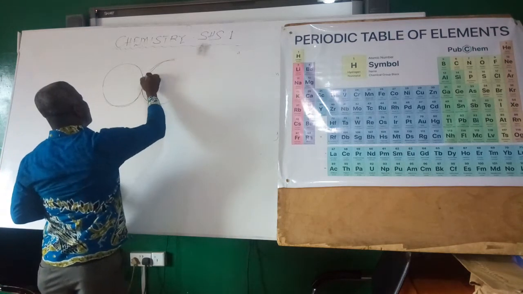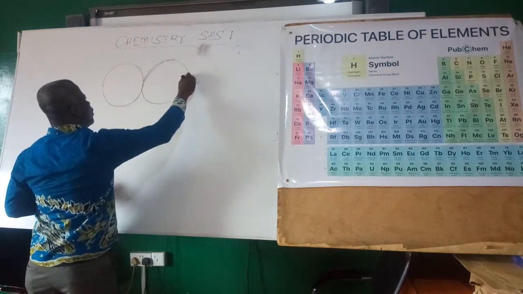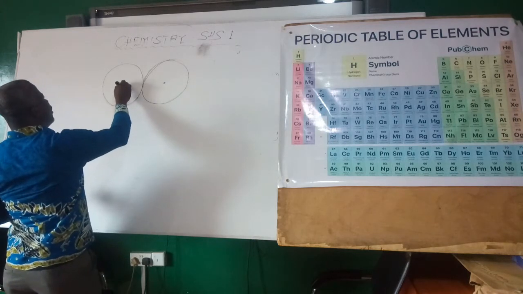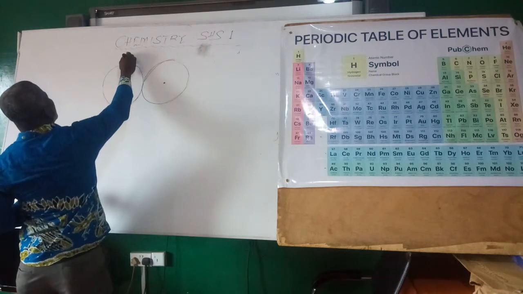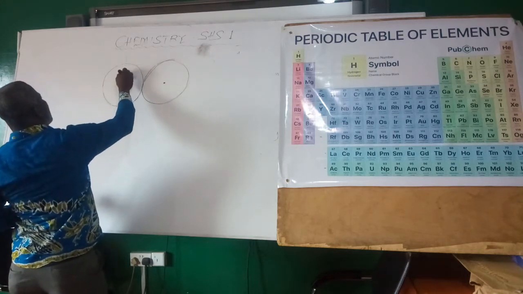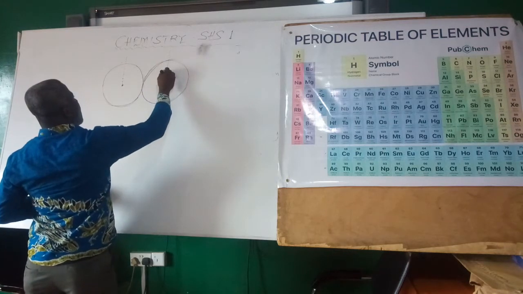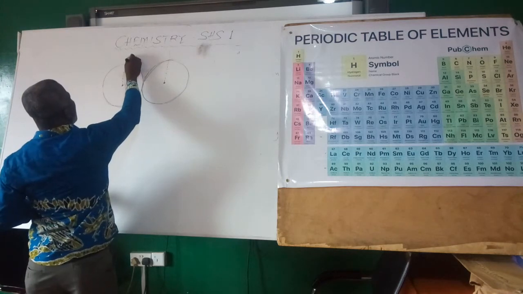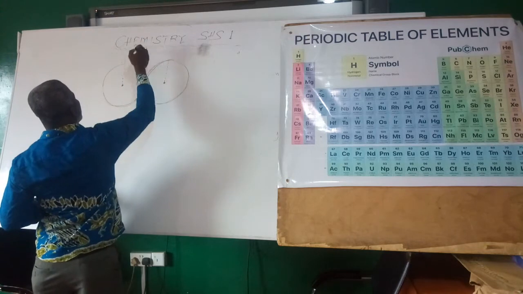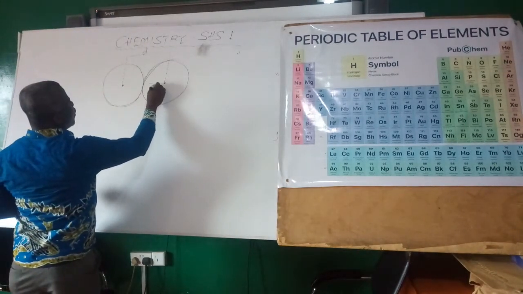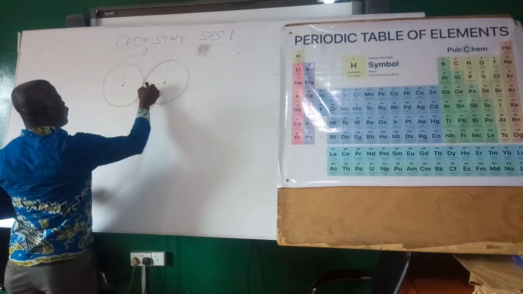Here, this is the nucleus and the nucleus. So the distance from here will be the radius. So here will be the radius.